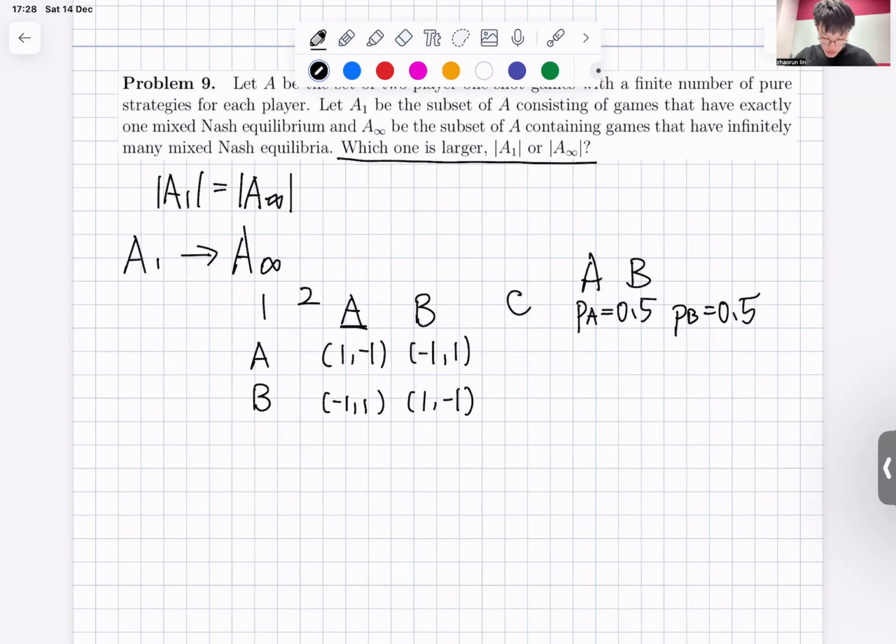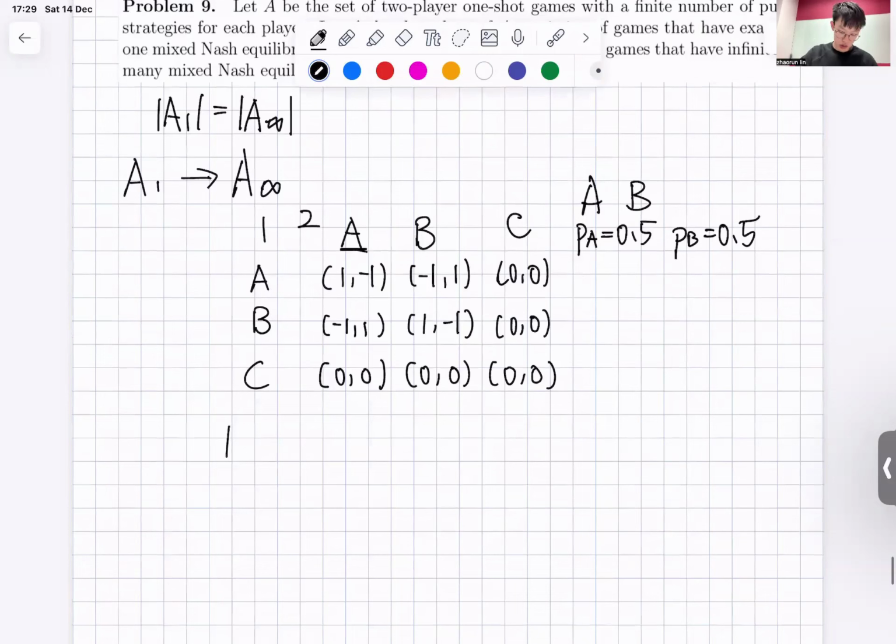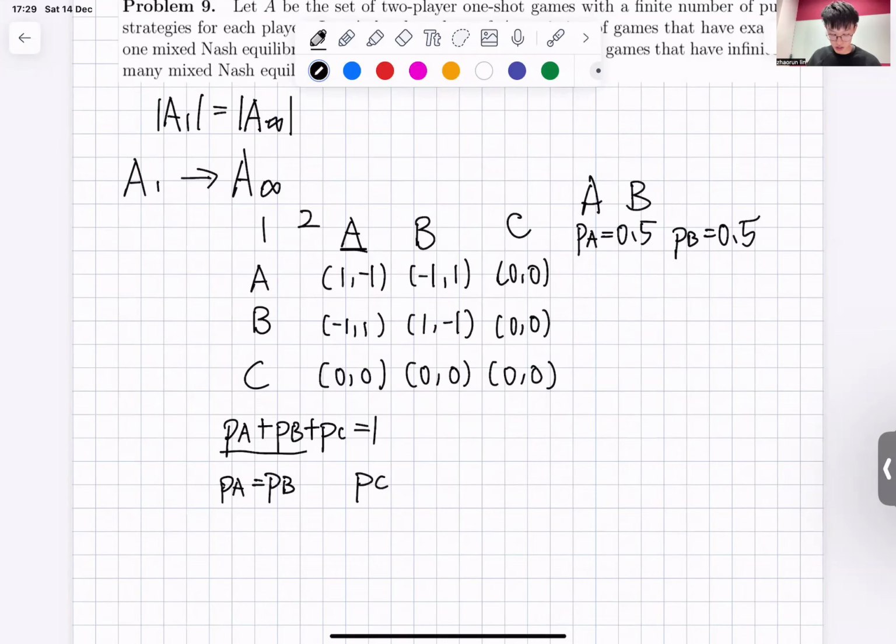But now if we add another strategy that does not change the payoff, you can see that we just need to have PA plus PB plus PC equals 1. And since C does not change the payoff, we still want to have PA equals PB. But PC, we can set to anything, as long as they add up to 1.